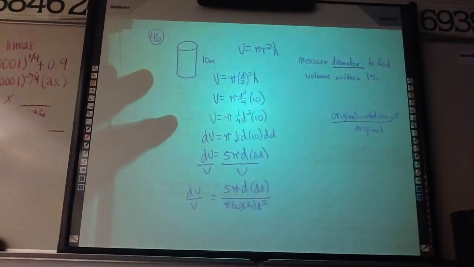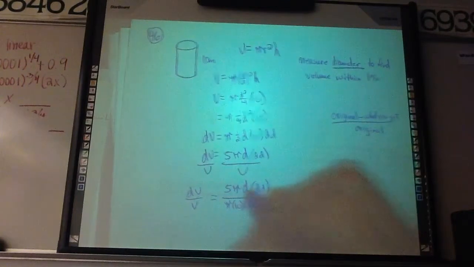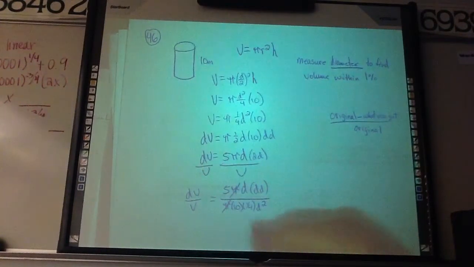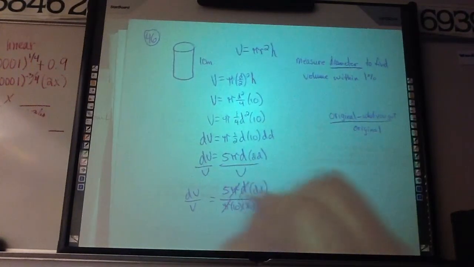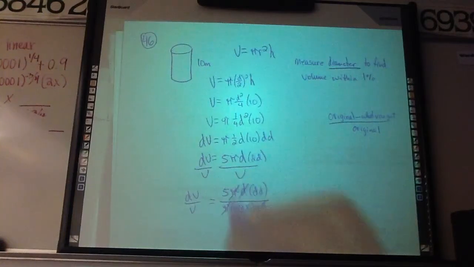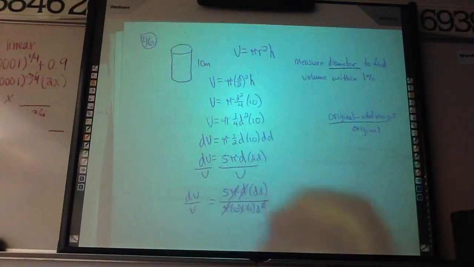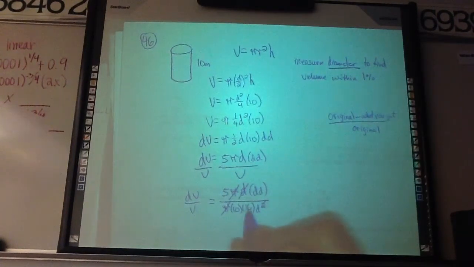And then we have to simplify that. There should be some things that cancel out: a pi and a d. A 5 and a 10 leaves a 1 and a 2. We also have this 1/4 in here, which is the same as a 4 on top. But that's dd, the derivative of d.